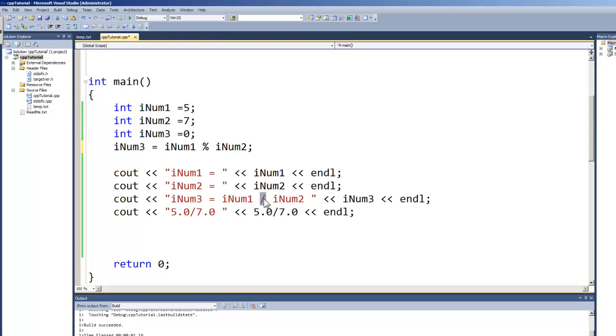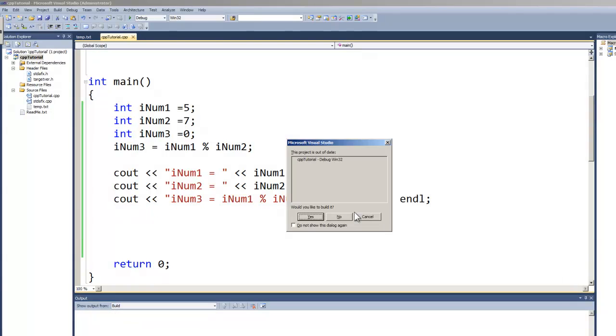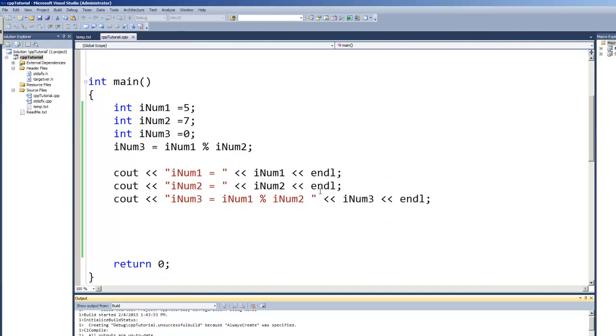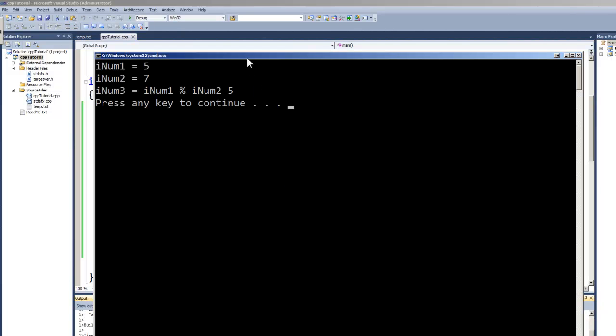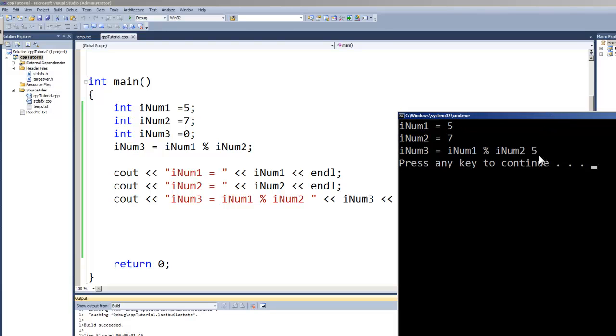And the modulus gives us the remainder of an integer division. So when we run that, in this case we get a 5. We're saying 5 divided by 7 goes 0 times with a remainder of 5. And so the modulus gives us the remainder.